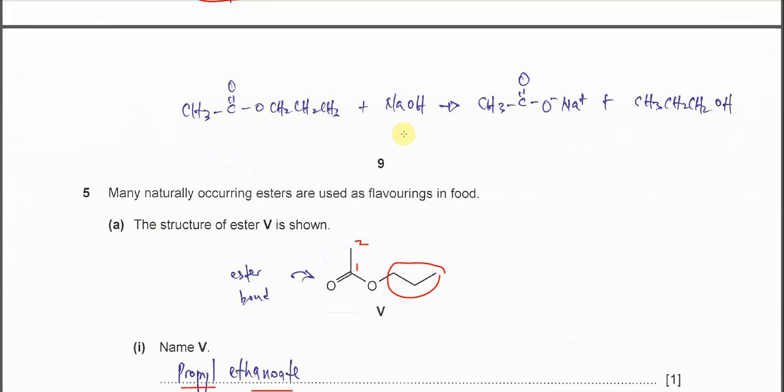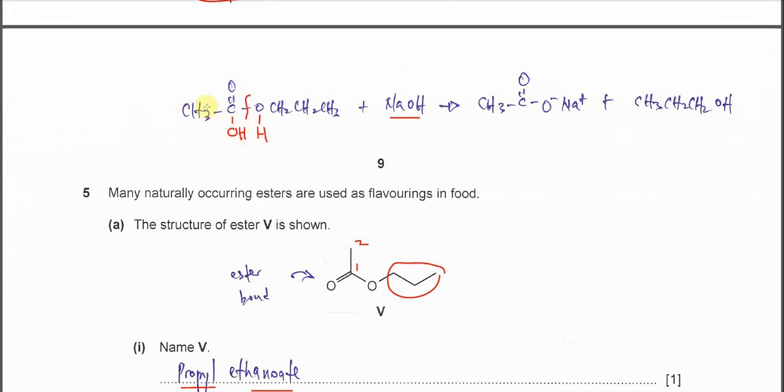If ester undergoes hydrolysis under alkaline condition, after it's hydrolyzed, first, okay, the bond break is here. This oxygen will get H. This carbonyl carbon will get OH. So it will form carboxylic acid.